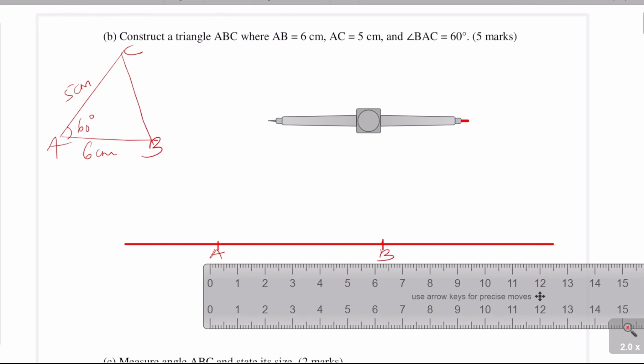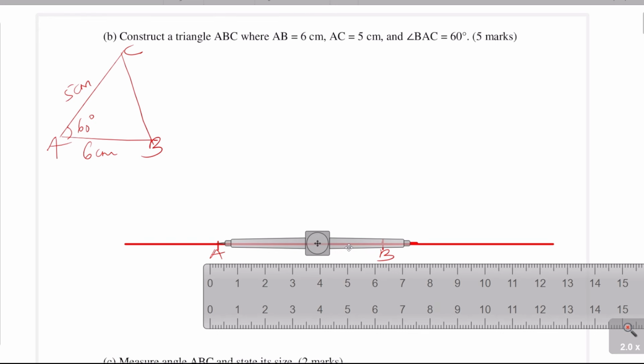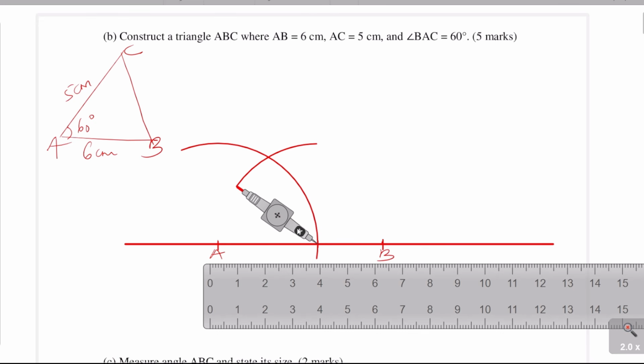So the next thing, constructing an angle of 60 at A is quite easy. You simply take a pair of compasses, stand at A, then adjust your compasses to any convenient radius. Then with that radius, you can draw an arc like that. With the same radius, stand at the point where you made that arc, and then from there you can cut that arc.